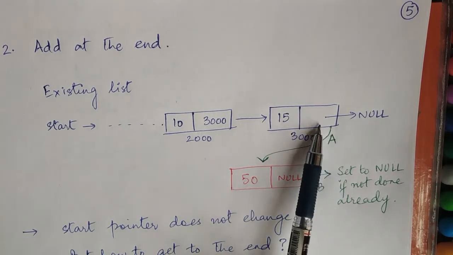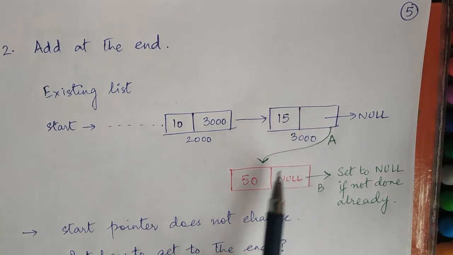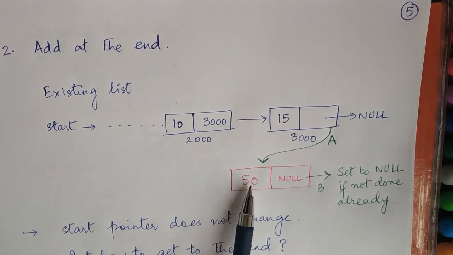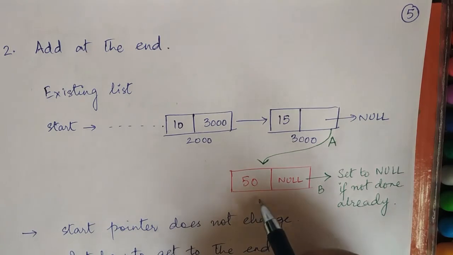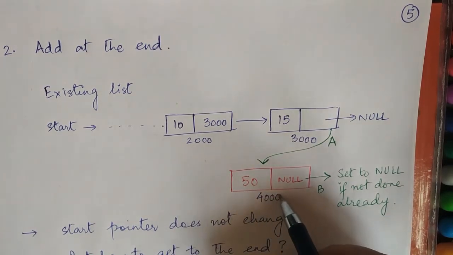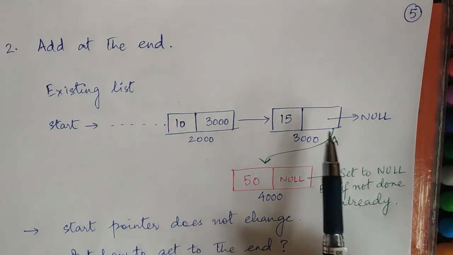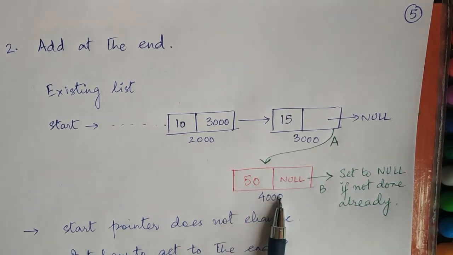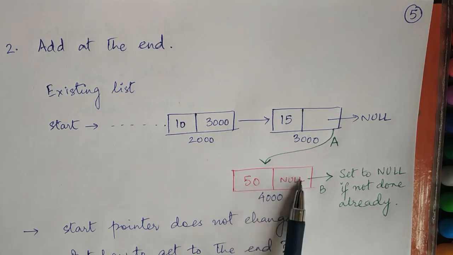And how will I do that? I have to modify this from null to the address of 50, which let's say it was 4000 again. So this field should be modified to 4000. And I've already made the next field of this newly created node as null.